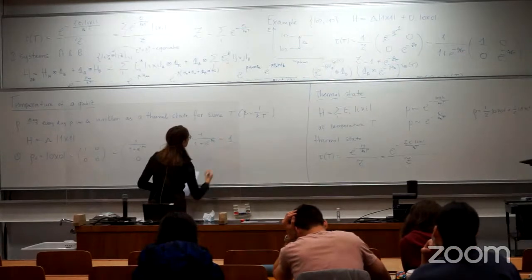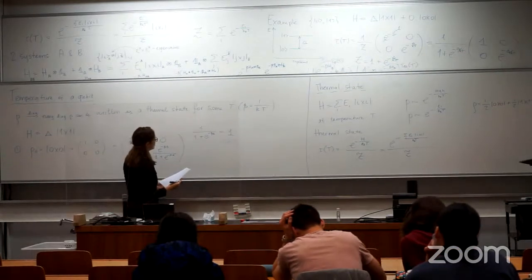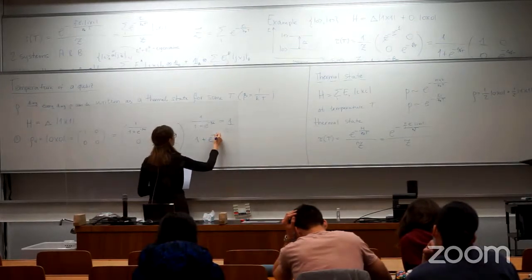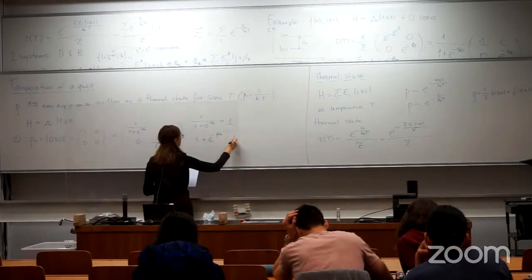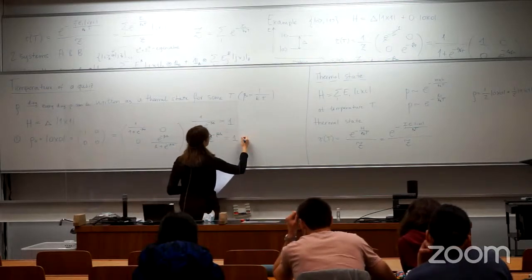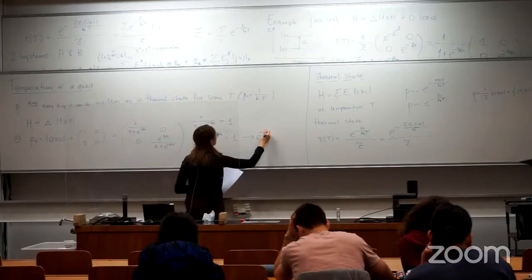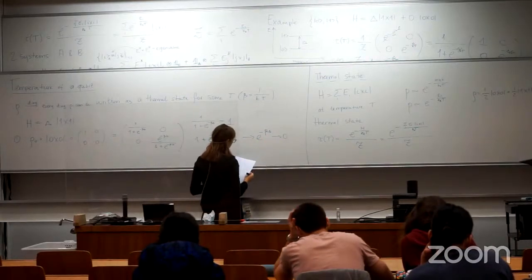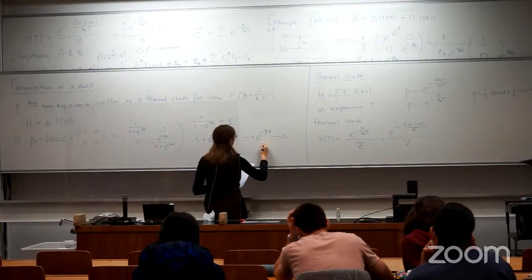So this means that 1 plus e to the power minus beta delta equals 1, which means that we need e to the power minus beta delta to go to 0, which is achievable when beta is plus infinity.